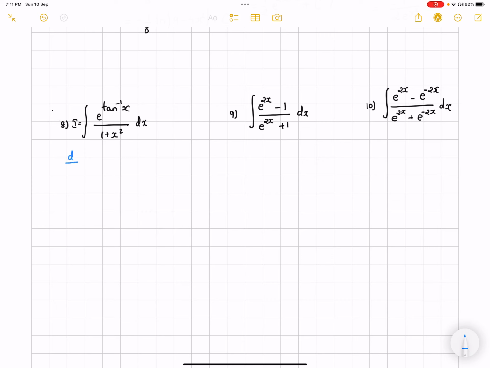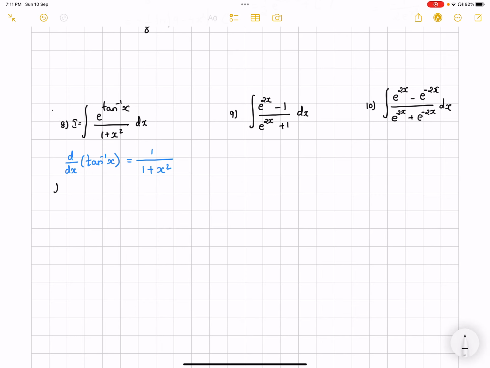So d by dx of tan inverse x, when we are differentiating, we would be getting 1 divided by 1 plus x square. These formulas I will be giving to you when I'm taking differentiation. For now, d by dx of tan inverse x is 1 divided by 1 plus x square, which is going to be the formula of differentiation. Now let's start.